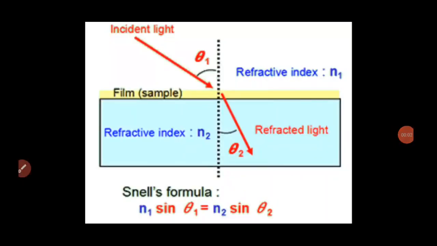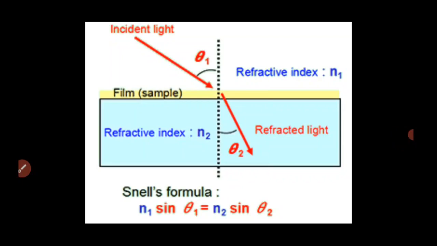From Snell's law, we know that the angle of refraction is determined in terms of the refractive index of the medium. Hence the refractive index of the medium is different for different colored light. So this indicates that the refractive index of a medium is dependent on the wavelength of the light.